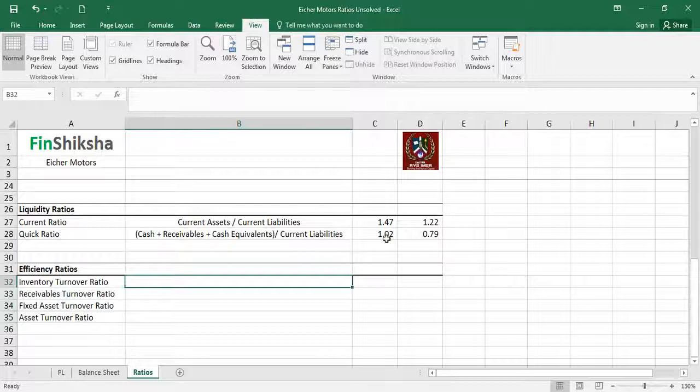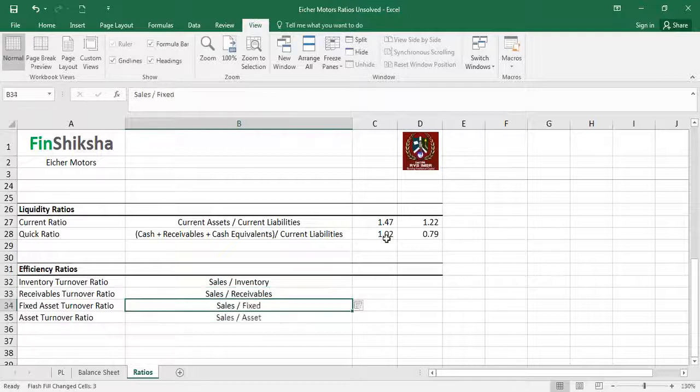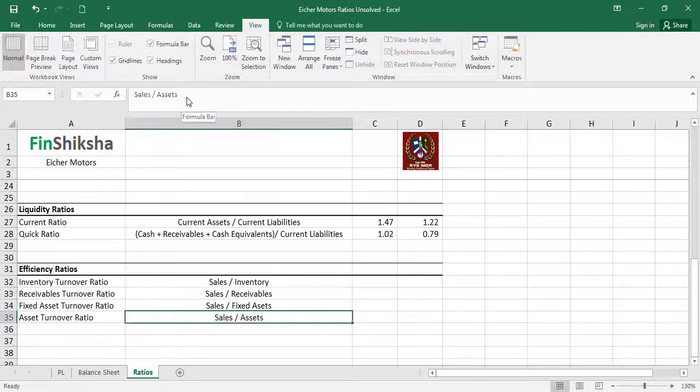And why we are using sales everywhere is probably also going to form a part of our discussions on working capital. But for now, just stay with me and use sales by inventory, sales by receivables, sales by fixed assets, and sales by total assets.